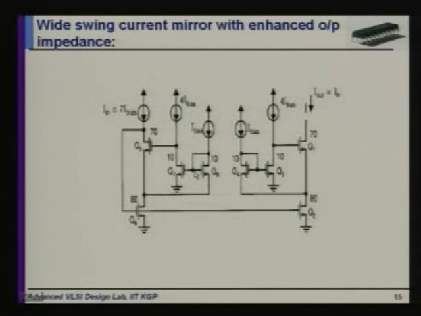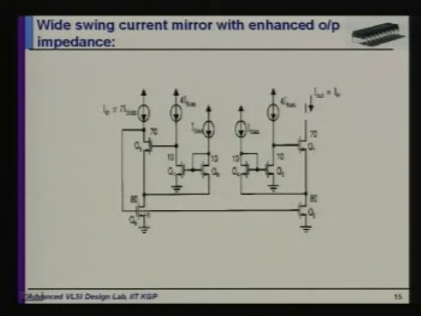From this, we can easily derive that this current is 7 times I bias and this is I bias, so the total current from this drain terminal will be 8 I bias. To have the same VOV, we use 8 times the W by L ratio for Q8 and Q4, these two transistors.